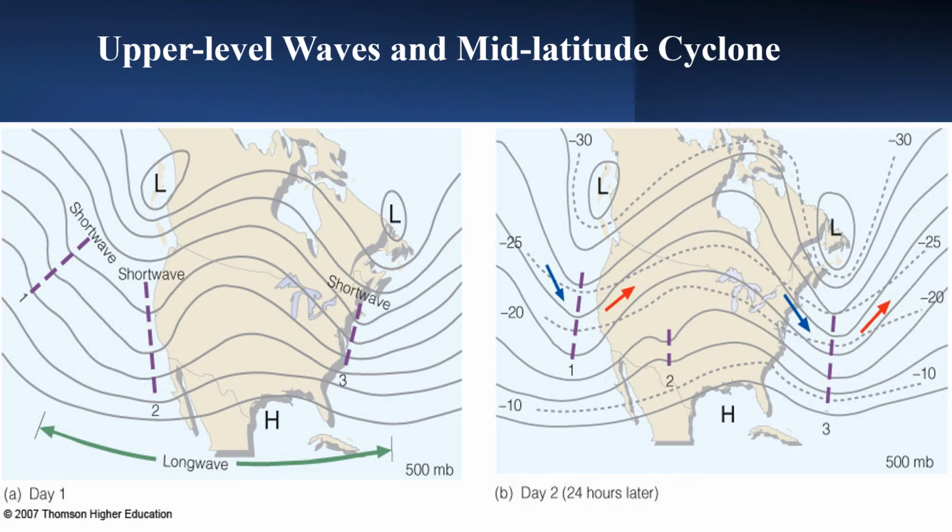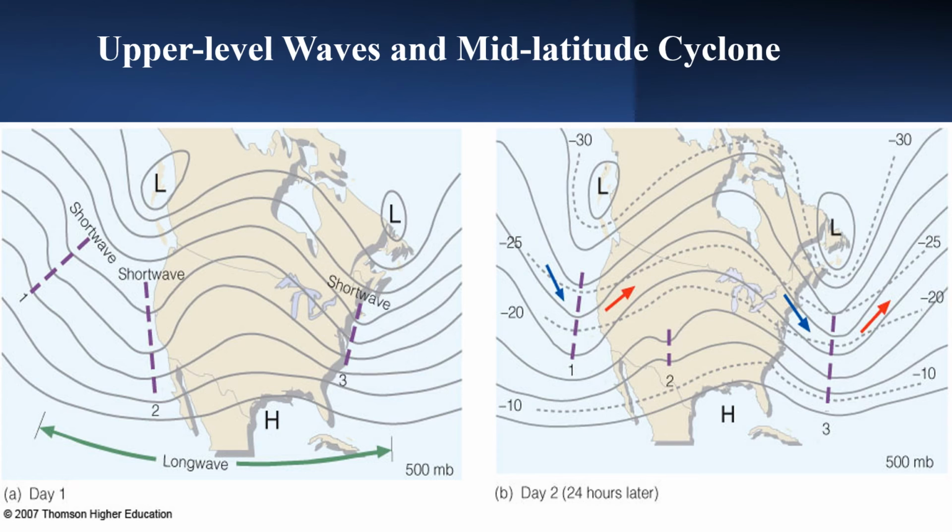On the other hand, warm air advection is the transport of warm air by the wind from a region of higher or warmer temperature to a region of lower or colder temperature.